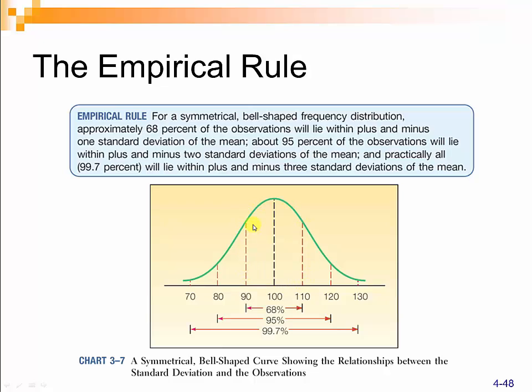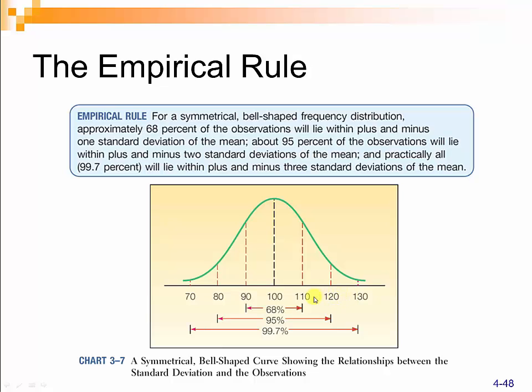Also with the empirical rule, sometimes called the normal distribution rule or the normal rule, about 95% of all observations will fall between -2 standard deviations and +2 standard deviations. In other words, in here. And then finally, about 99.7% of all observations lie between -3 standard deviations and +3 standard deviations.